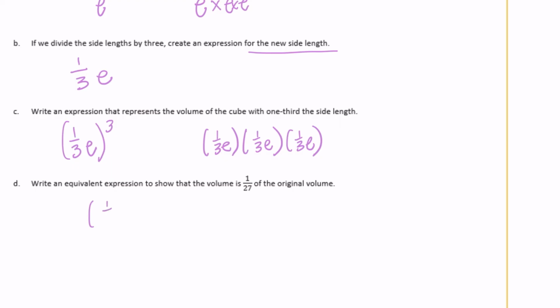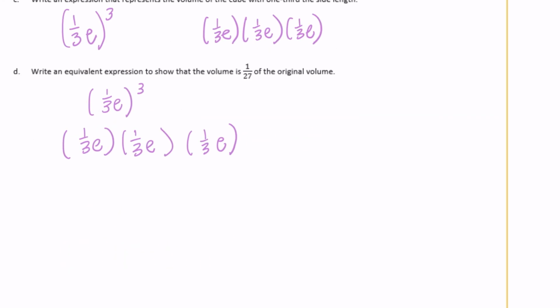So (1/3 E) to the third power would be, like we said before, 1/3 E times 1/3 E times 1/3 E. So if I just start multiplying it, let's do 1/3 times 1/3 times 1/3, gets me 1/27th, but then I have 3 E's, so 1/27th E to the third power, 3 E's.